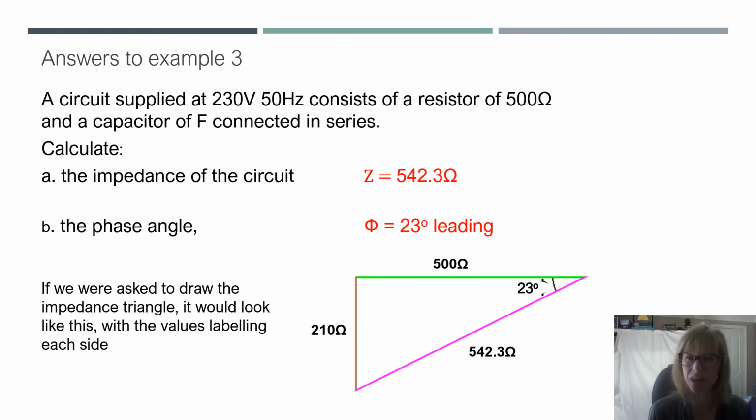Alternatively, it may ask you to draw the triangle to scale and then measure the impedance. That's something we're going to have to cover when we're back in college. But you would work out a suitable scale for the ohms, and then you would measure this line here, and using your scale, you'd be able to work out what the actual value for the impedance was.